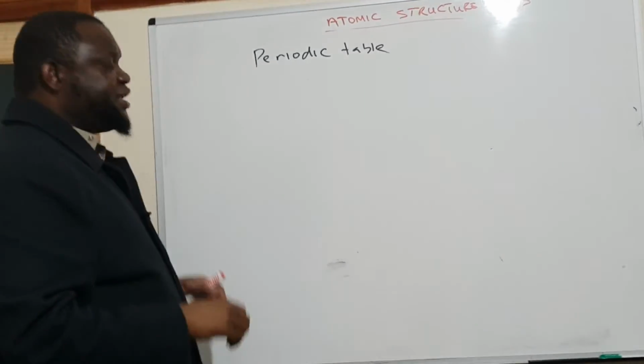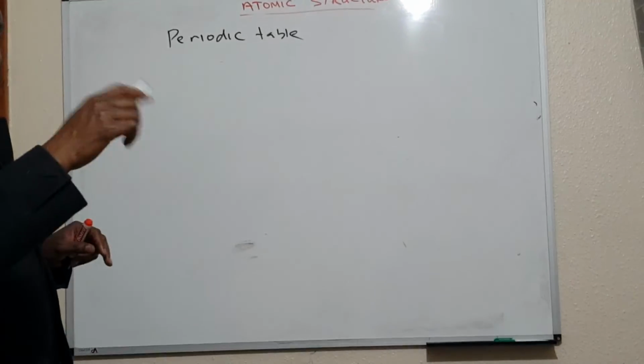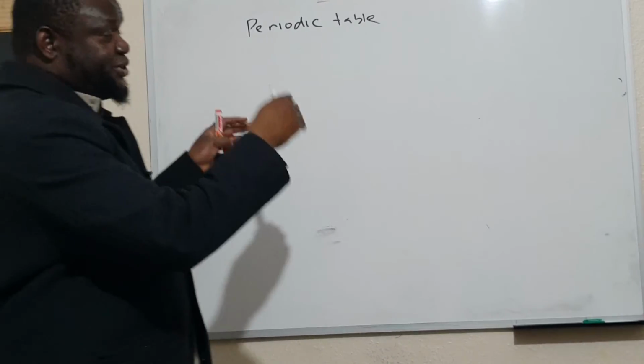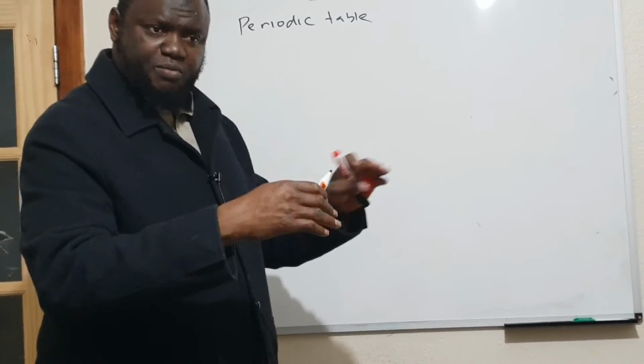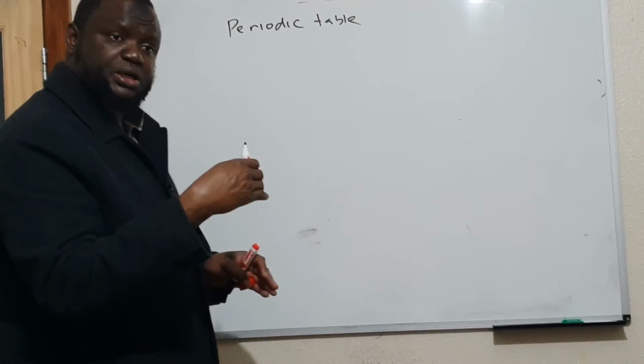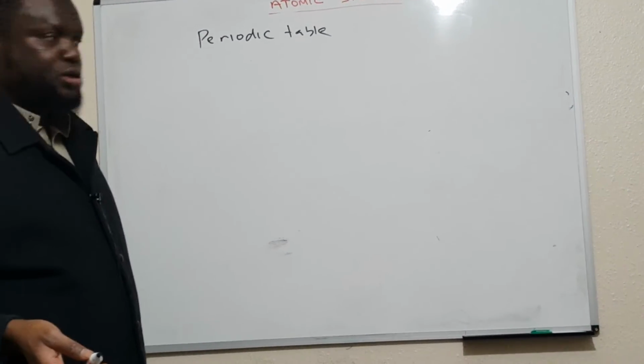Atoms differ in the number of protons they have, but the periodic table arranges elements based on the number of electrons in the outermost shell.